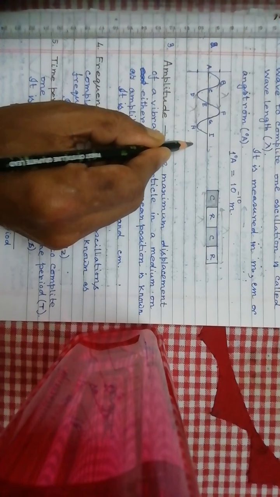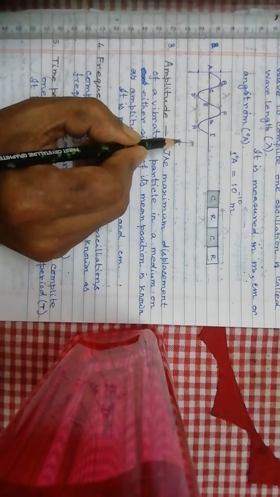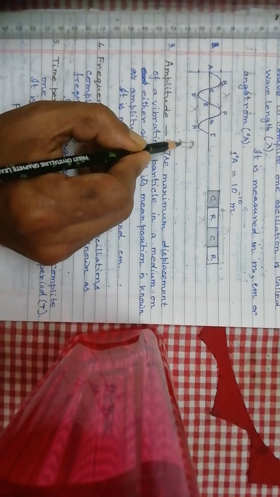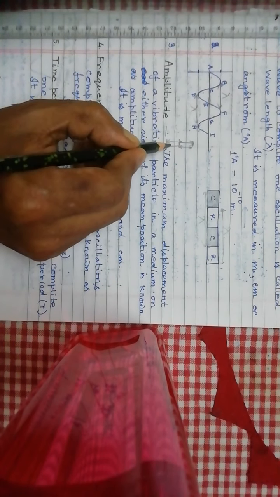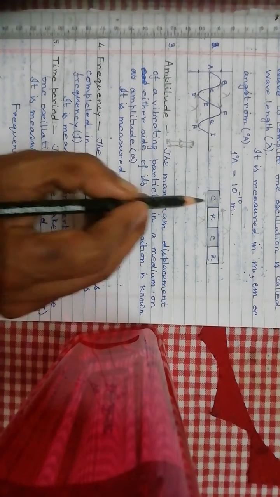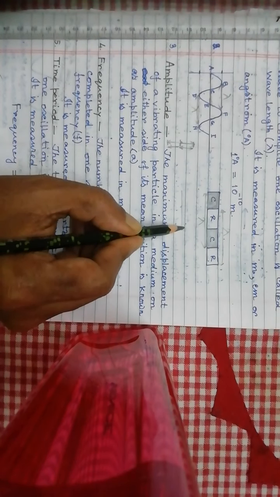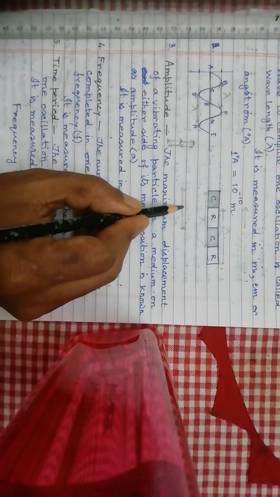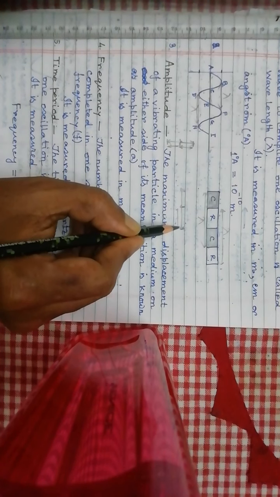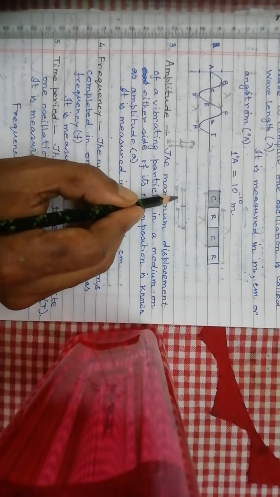This is its mean position, and this is the extreme position and another extreme position. So the distance from the mean position to any extreme is known as amplitude. For the longitudinal wave, say the particle vibrates in that manner. This is the extreme position and this is the mean position, so it is also known as amplitude.